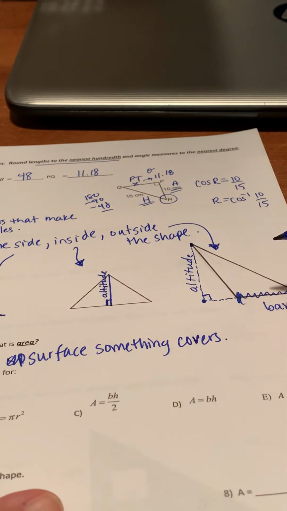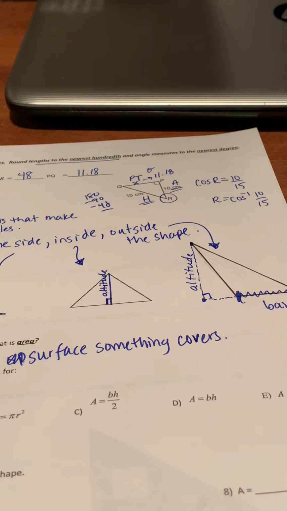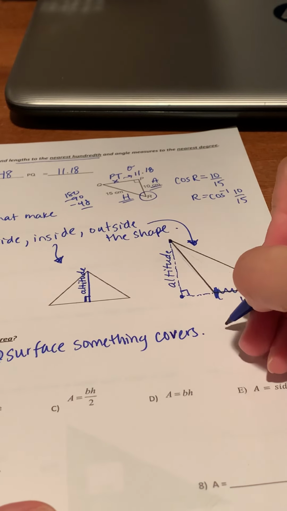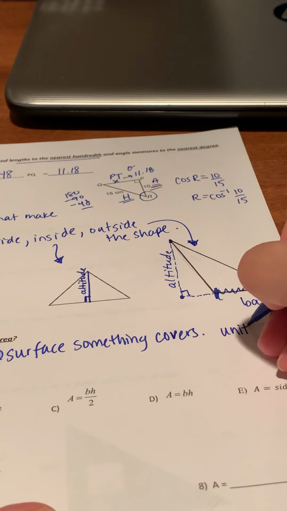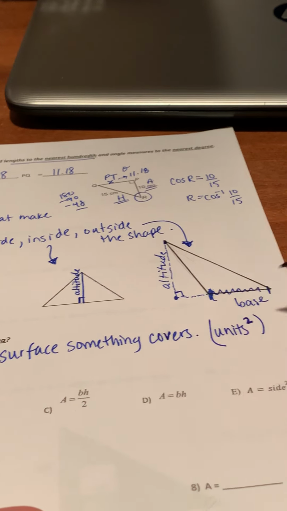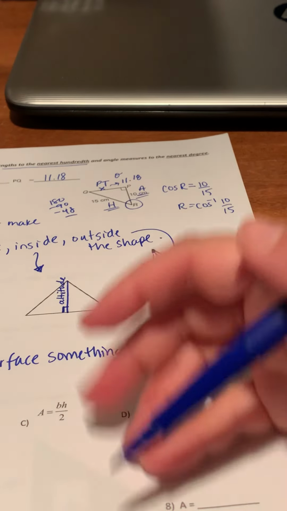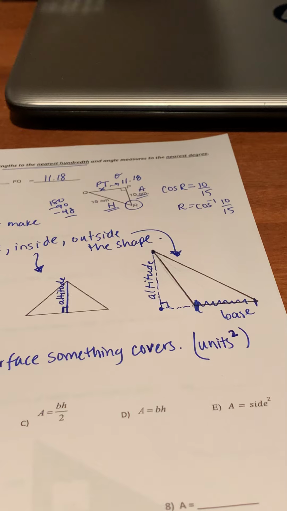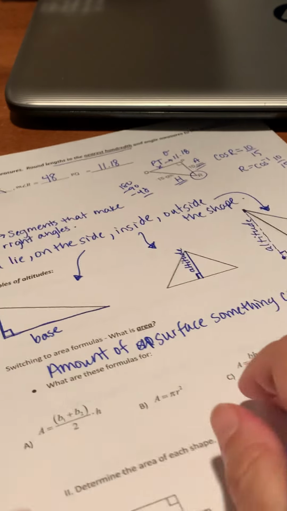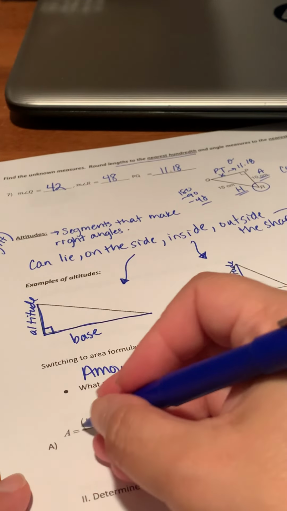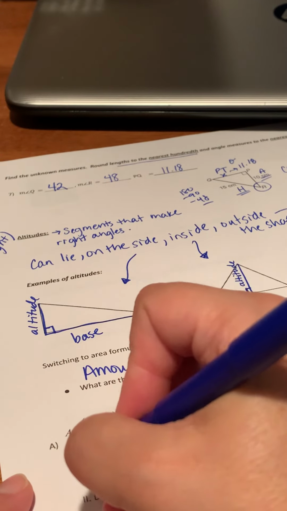I didn't want to say space because that kind of gets into three-dimensional. Right now we're doing two-dimensional. And we always do units, whatever the units are, to the second. That's for the label. Units to the second because we're talking about two-dimensional shapes. All right, this shape here, base 1 plus base 2, this is for a trapezoid.